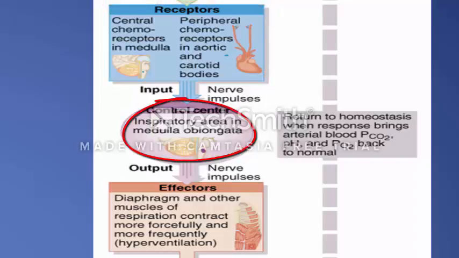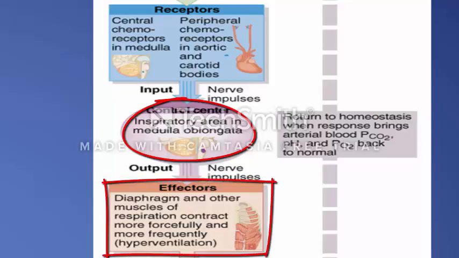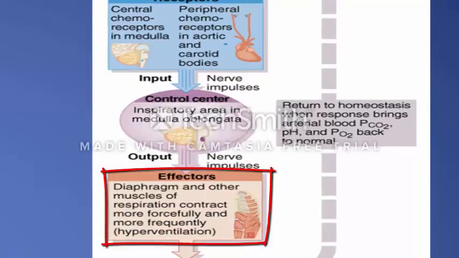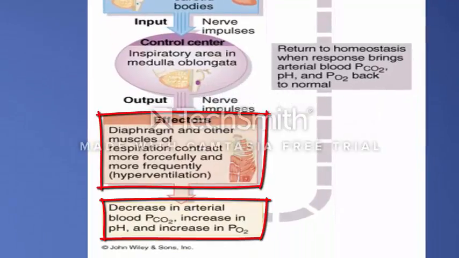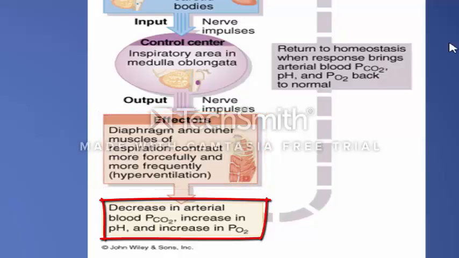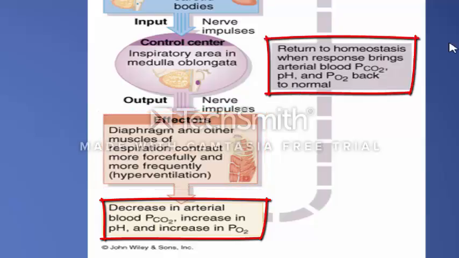Nerve impulses are sent to effectors in the diaphragm and other muscles of respiration, causing these to contract more forcefully and frequently, thus increasing ventilation. There is therefore a decrease in the arterial level of carbon dioxide and an increase in acidity and oxygenation. When this response brings the levels back to normal, this feedback loop switches off the process.